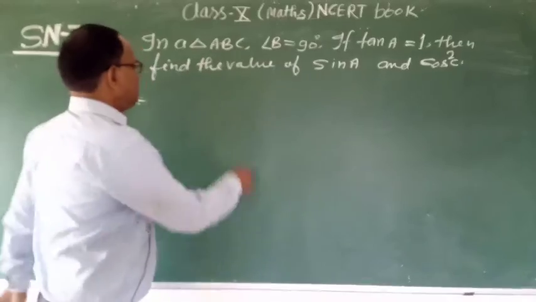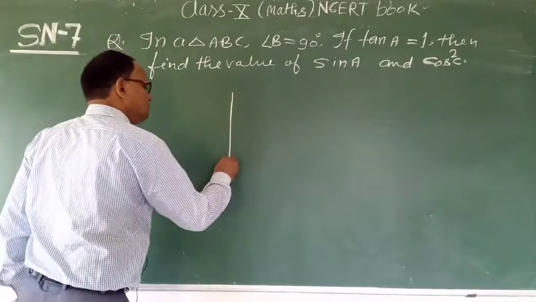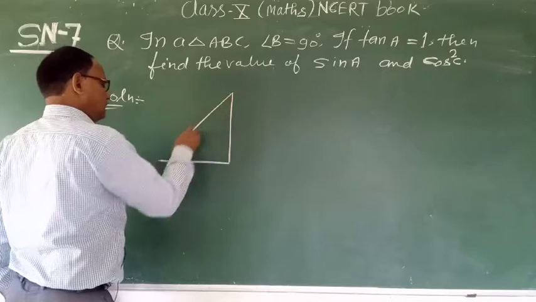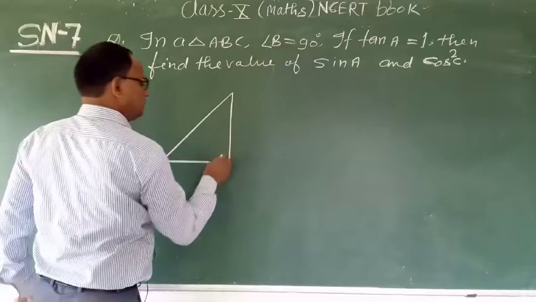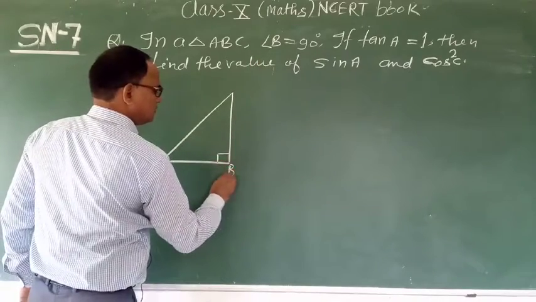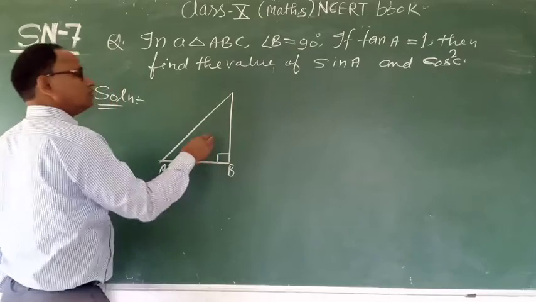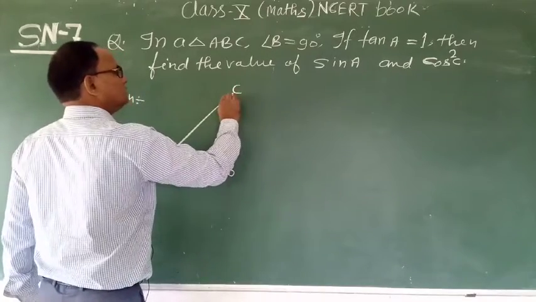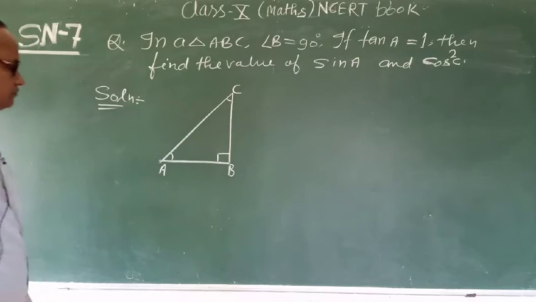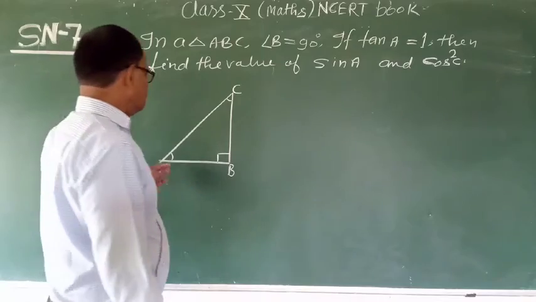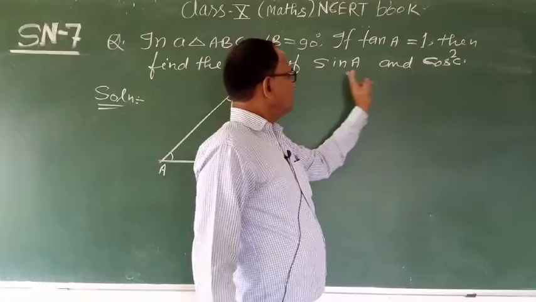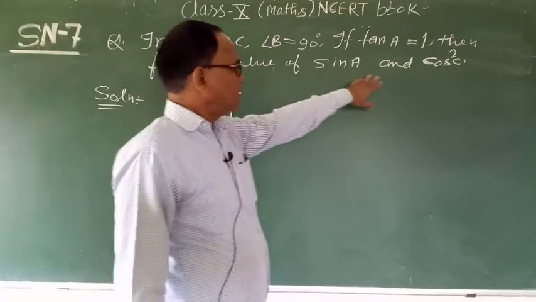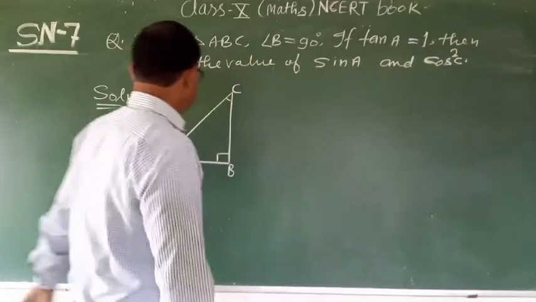Triangle ABC, we make a right triangle, A, angle B is 90 degrees, and this angle is C. We determine two angles A and C. On two bases we calculate it. Okay?